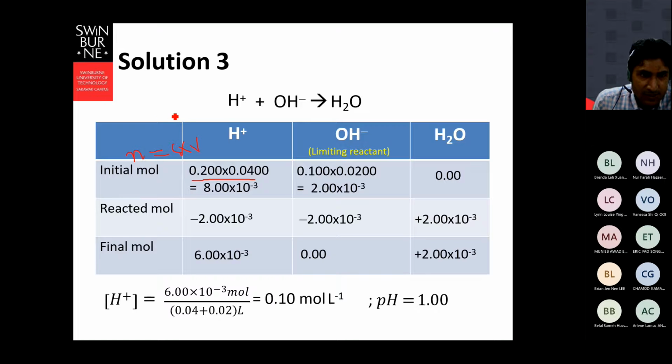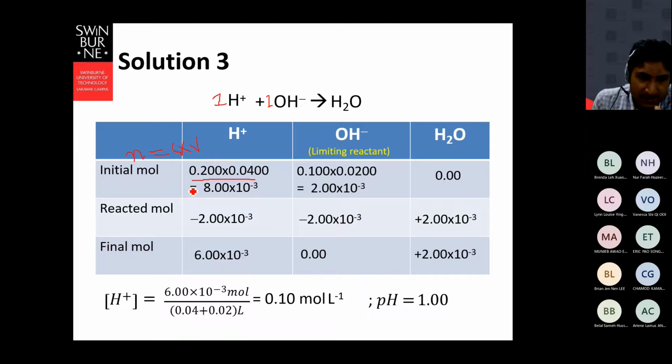The ionic reaction is shown here. It's no problem, you can show it this way. This is a 1:1 reaction. So if 1 mole of sodium hydroxide, 1 mole of HCl will be required to neutralize that sodium hydroxide, or vice versa. Since there are 2 moles of sodium hydroxide and 8 moles of HCl, this is a very simple example, but things may not be simple all the time, right?